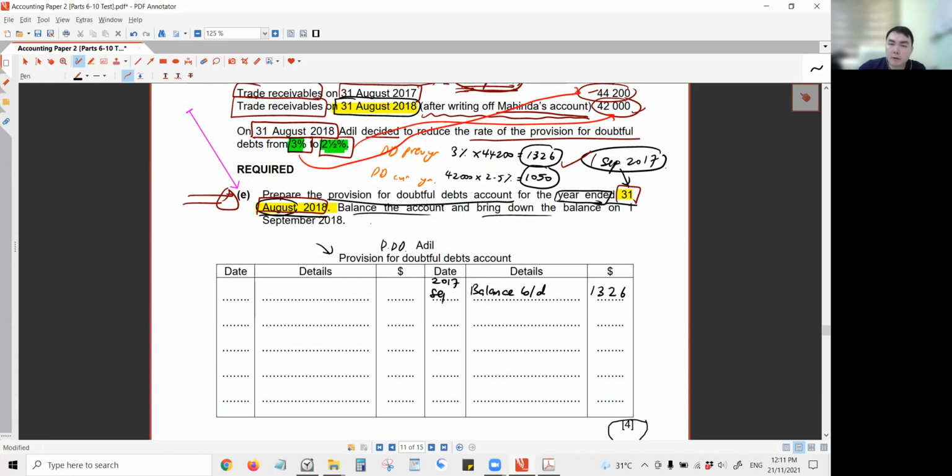This is the beginning of the year. From 1326 to 1050, is there a drop? Drop by 276.